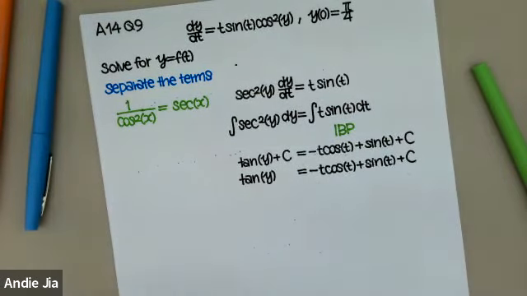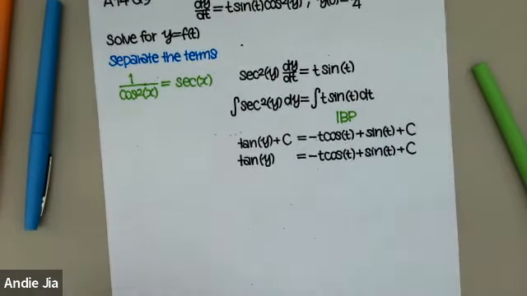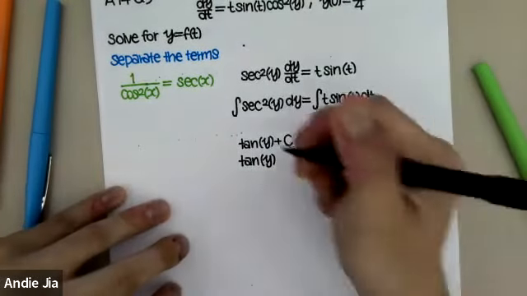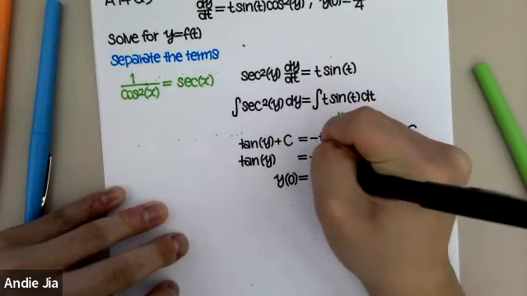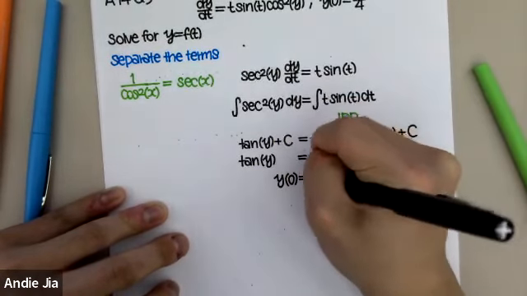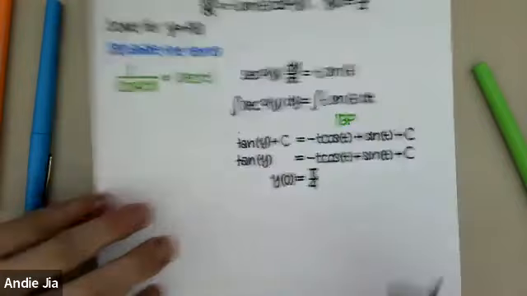Now we apply the initial condition: y(0) is pi over 4.